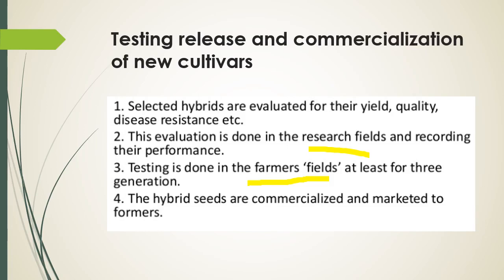Again, it's a very time-taking process, because once it has been released, it should not have any disadvantages. And finally, after the 3rd generation, the seeds that we get can be called hybrid seeds, and they are marketed to the farmers. Clear? So that is the final step: testing, release, and commercialization.